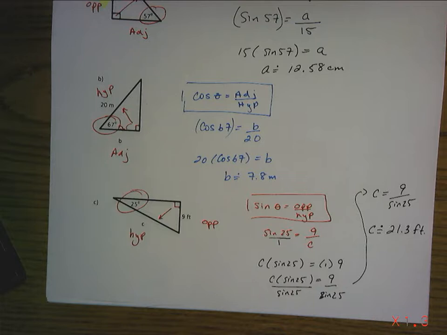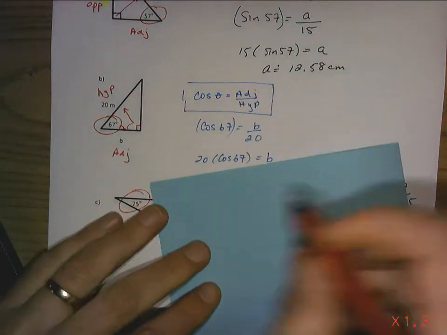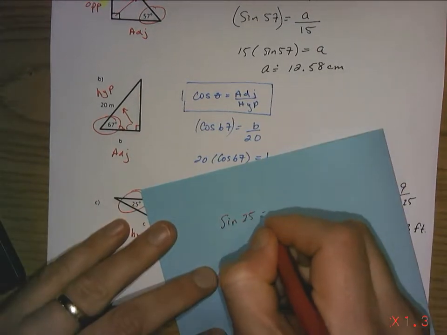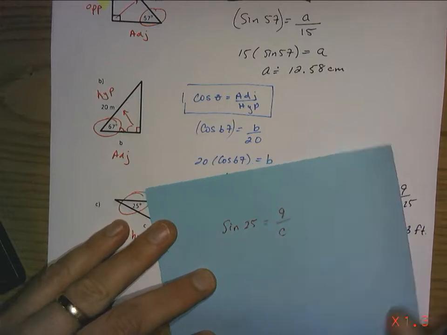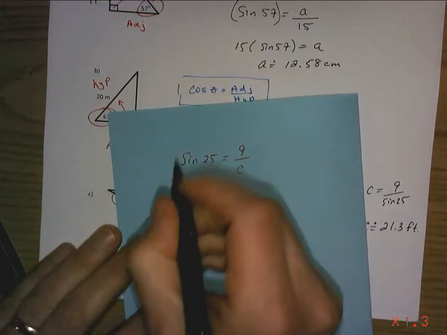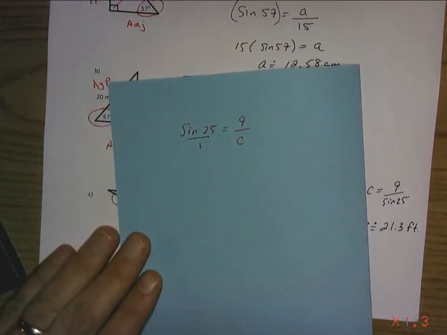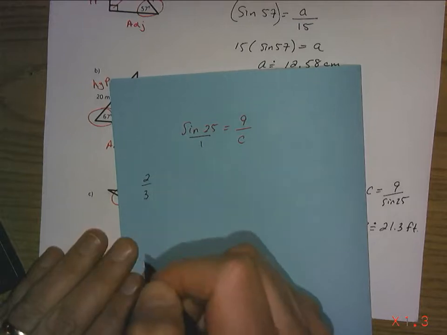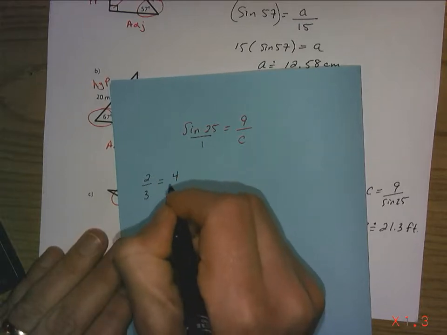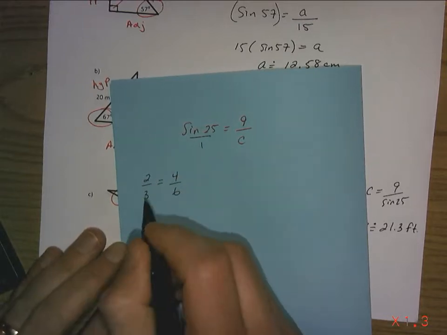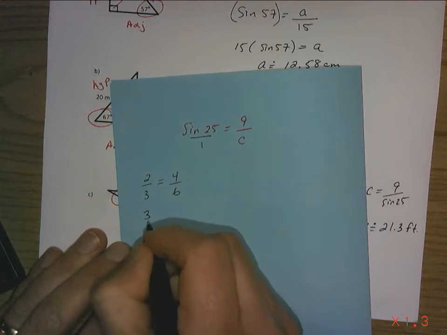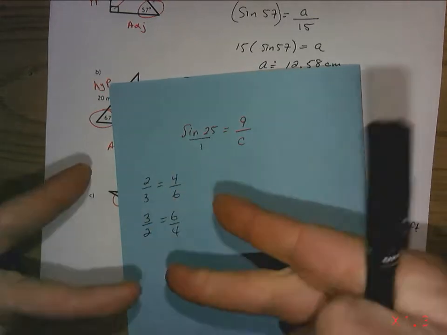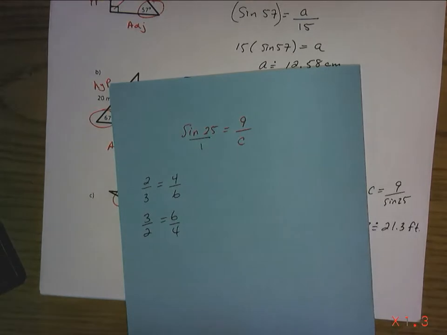Here's another way to deal with that. Let's go back to what we had. So we had sine of 25 equals 9 over c. The other way that I taught you that we could think about this is remember fractions. If I have 2 over 3 equals 4 over 6, that means that I can flip both sides, and it can be 3 over 2 equals 6 over 4. So as long as I flip both sides, they stay equal.